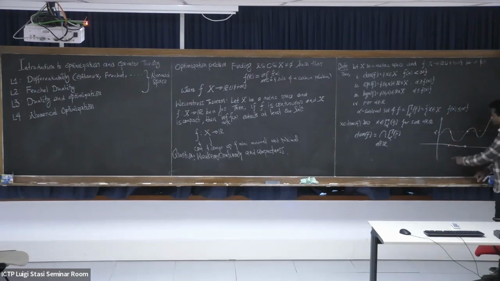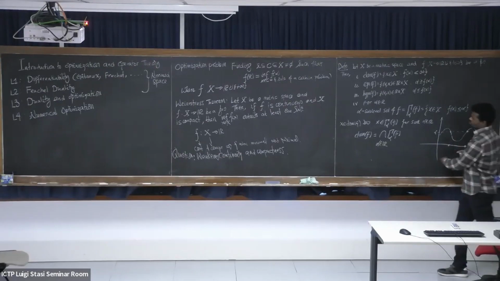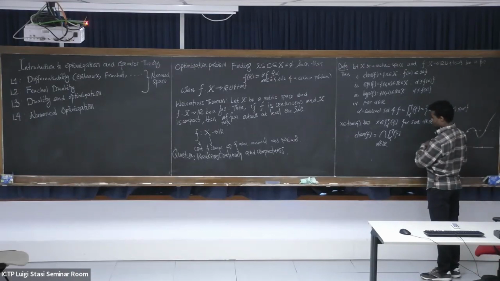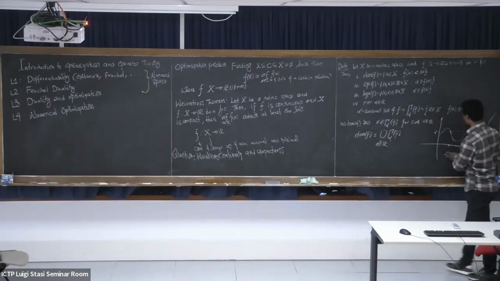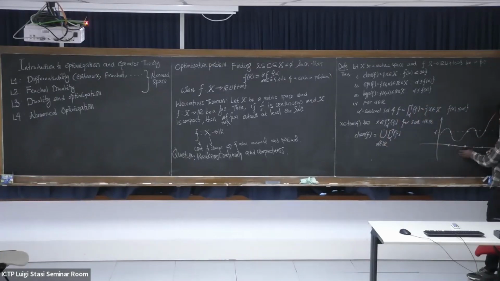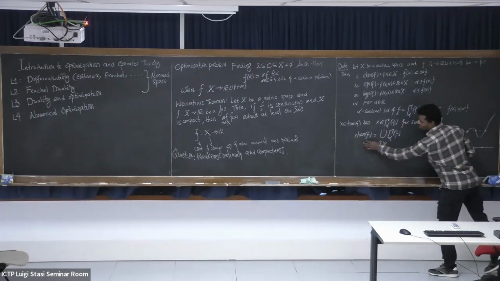This is part of the alpha sub-level set. And from here to here, this is the alpha sub-level set. So the union of all these alpha sub-level sets is the domain.